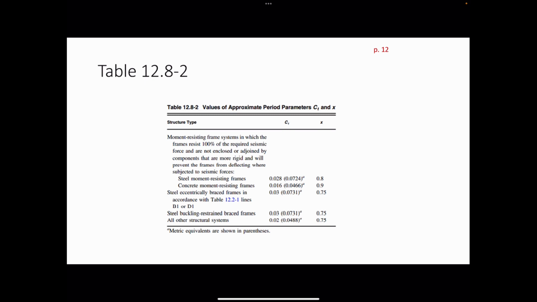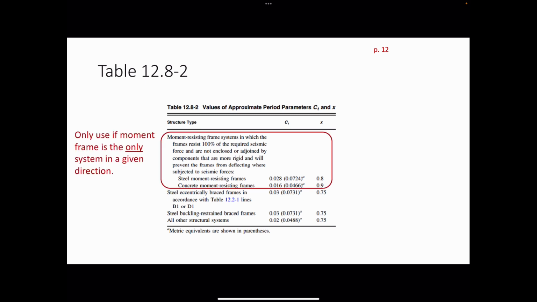This is based on the type of structure that you have, and there's only 4 categories really, right? So you have the moment resisting frame, and then subcategories, steel versus concrete, or you have steel eccentrically braced frames, steel buckling restrained braced frames, and then all other structural systems. So most buildings will fall into that last category, all other structural systems.